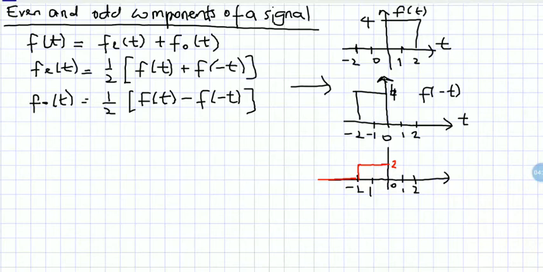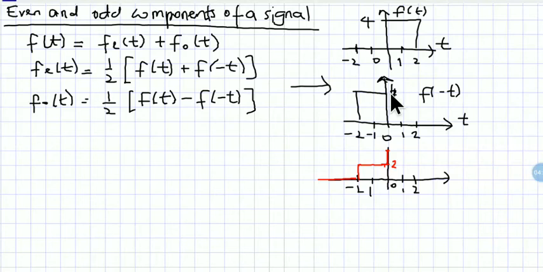Just before t equals 0, we'll have the value 2, but at exactly t equals 0, we have the value of 4 plus 4, which is 8, divided by 2 is 4. So you have that point, right? Now, as we pass t equals 0, we have here 4, but here 0.